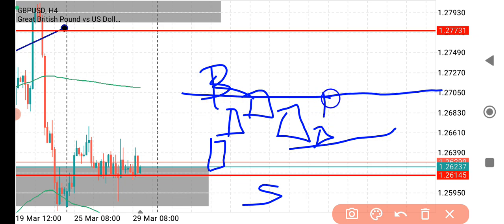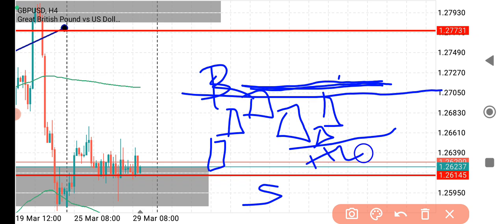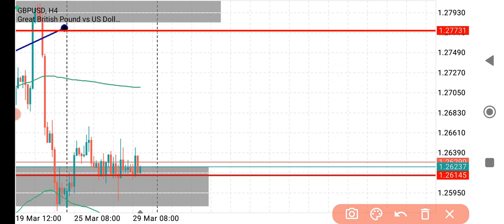If price breaks up the previous candle at the top after your entry, you should know that what has happened here is that price only came to make the higher low, and it broke this level and is now continuing to the upside. So this process is very, very simple.